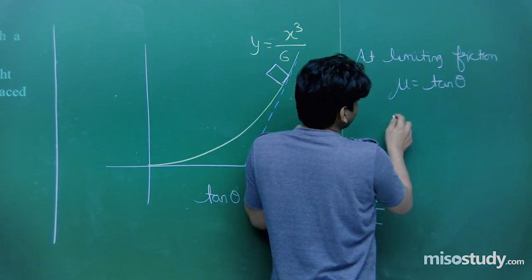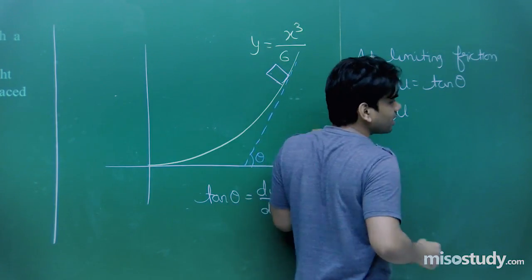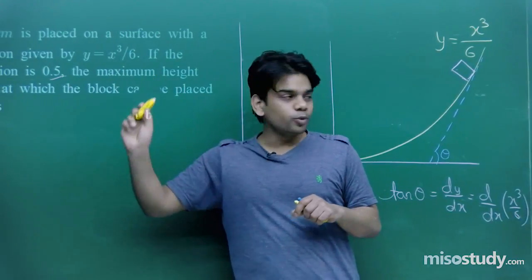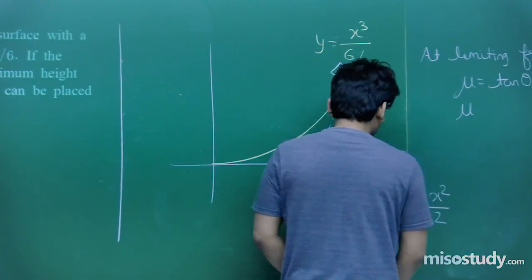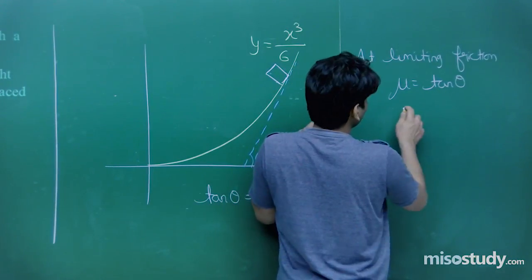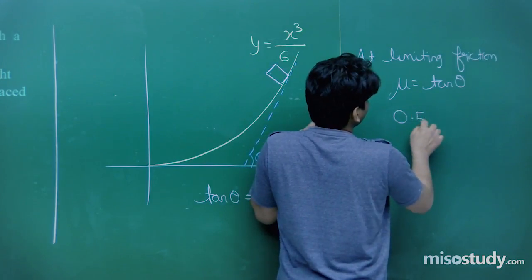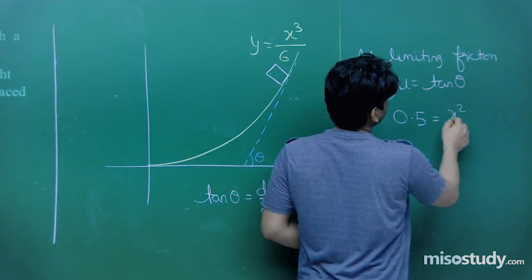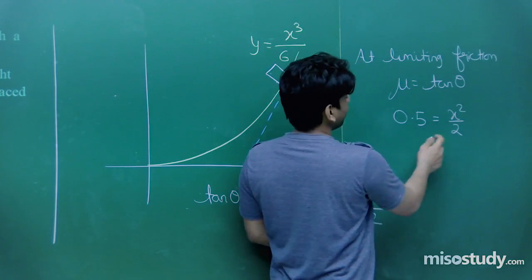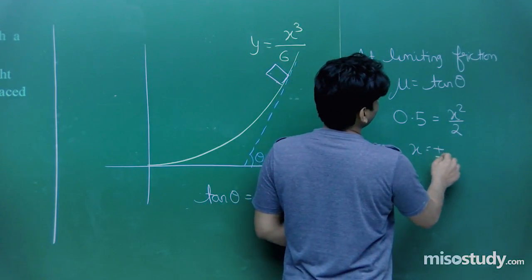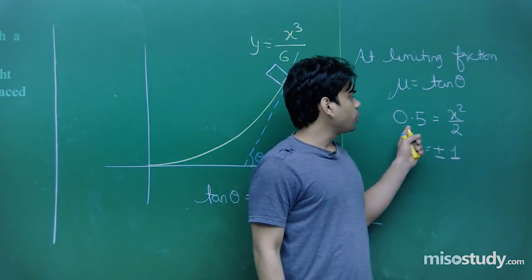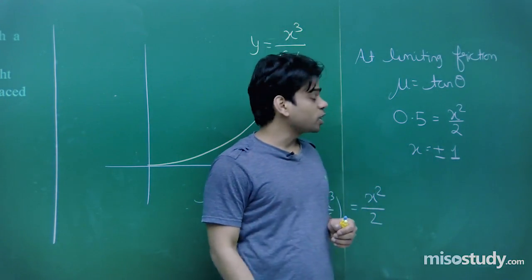So mu that is given as 0.5, I'm going to put mu as 0.5. So if I write here mu as 0.5, I will be writing tan theta is equal to x square by 2. From here you see, 2 into 0.5 will give you 1, x will come out to be plus minus 1.